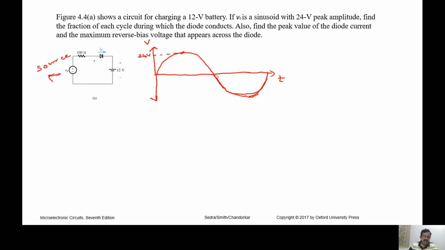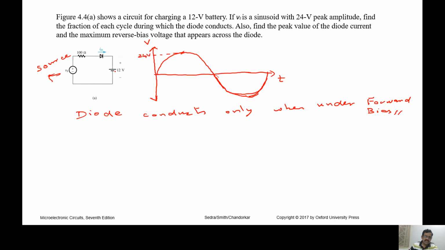This battery, the way it is connected, definitely the diode, we know a diode conducts only when under forward bias. So definitely during the positive half cycle, you can expect, because if there is no source here, the entire positive half cycle the diode will conduct.